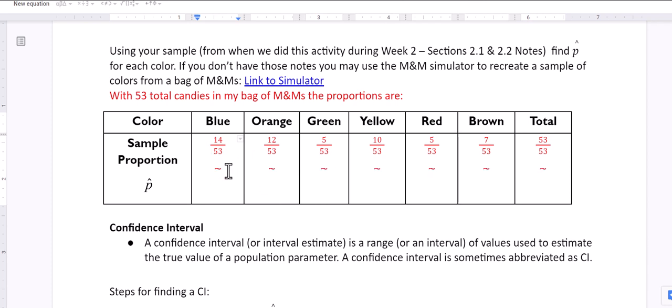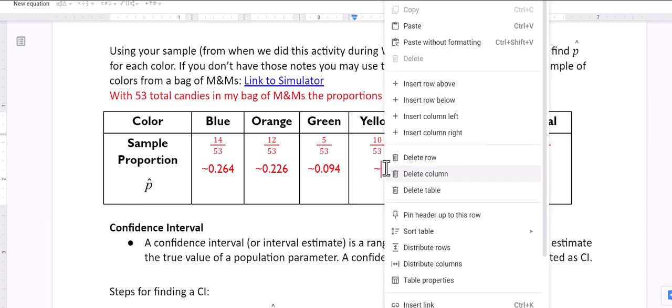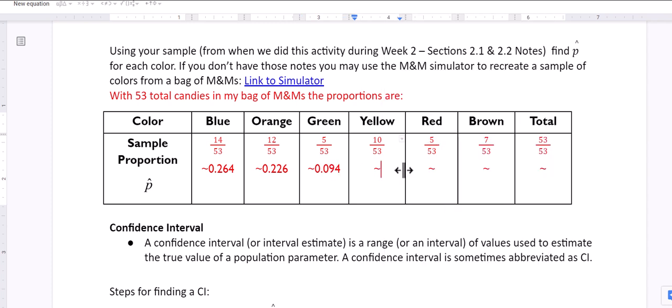So 14 out of 53, I got 0.264. And then 12 out of 53, I got 0.226. And so on. So we can put all these other ones just in case, as we want to later find the confidence intervals for these.